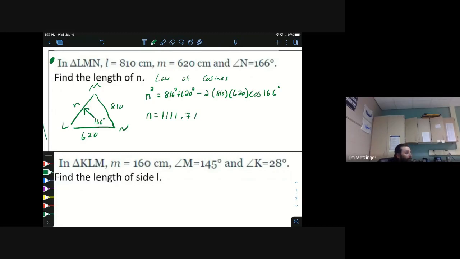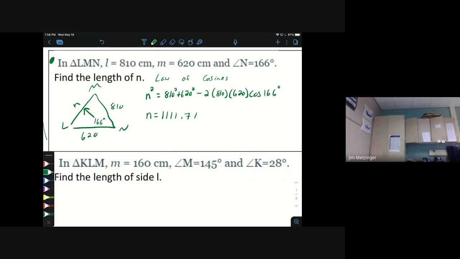A thousand hundred and 11.71. Ivan, what did you get? A lot of people forget to take the square root of their answer. Liam, did you get that? I got 14,019.